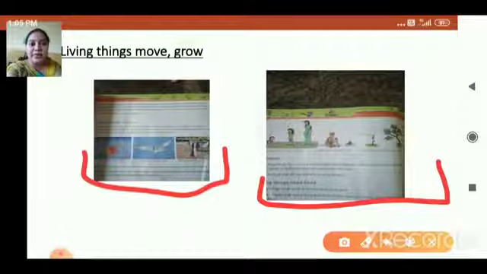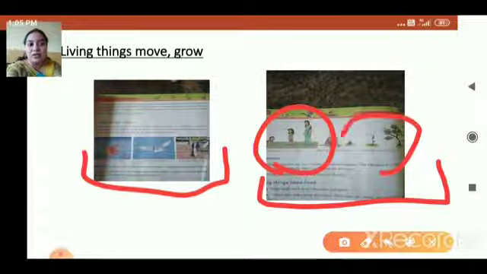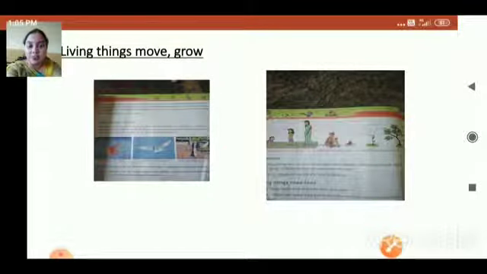See how a human being goes from a child to a kid and then to an adult, and how a seed grows into a small plant and then into a bigger one or a tree. You can see, children. So this is the growth process or movement happening for living things.